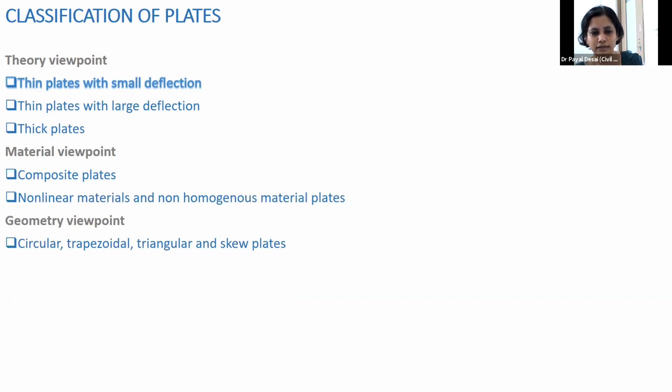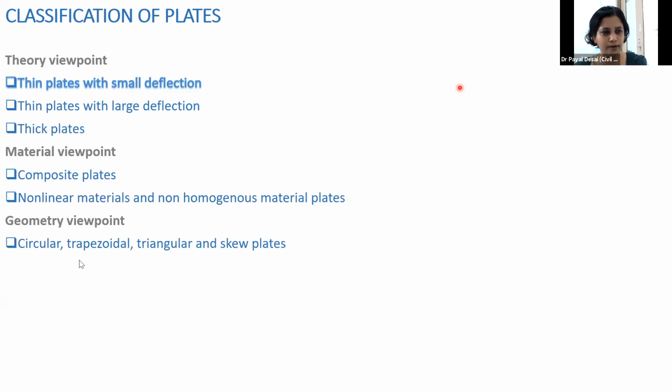The design and analysis are different phenomena in both these categories. Also then the thick plate, as I told you: if the third dimension of the plate is very large, then it is categorized as a thick plate, and we will see what exactly is the difference between thin plates and thick plates.